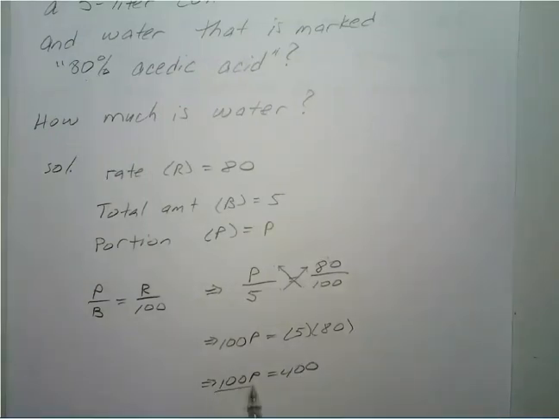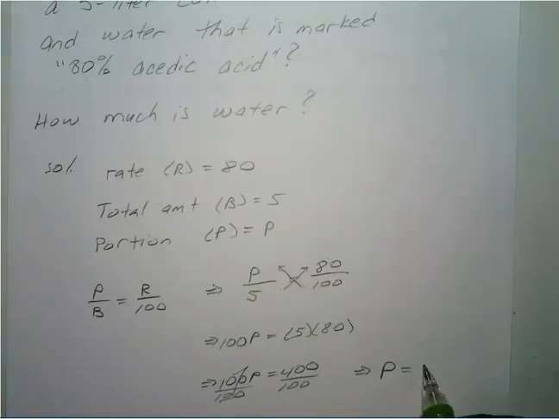We divide both sides by 100 to solve for our variable. Anything divided by itself is 1. So P is equal to 400 divided by 100, which is 4. So 4 liters is the amount of acid in a 5-liter container.